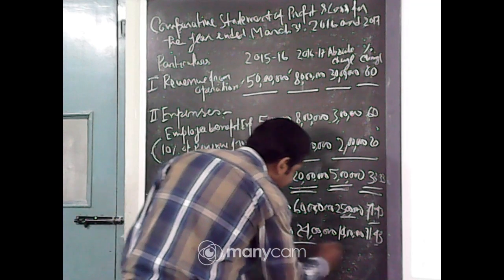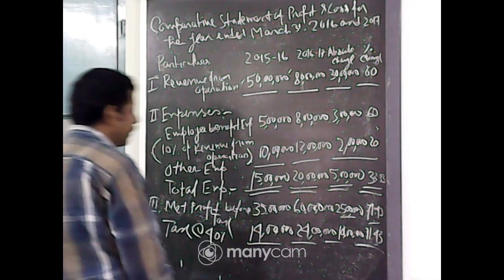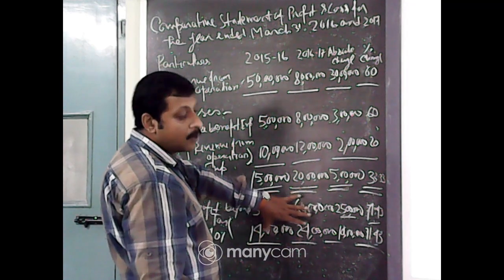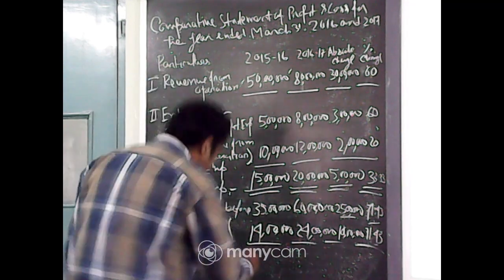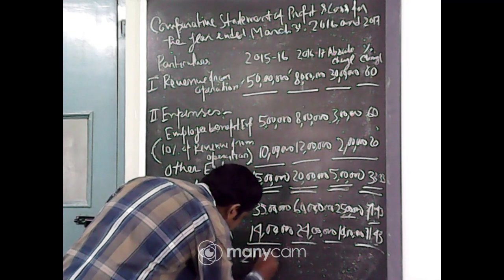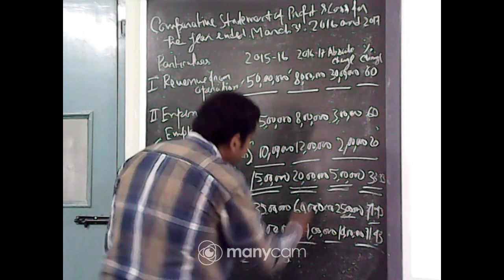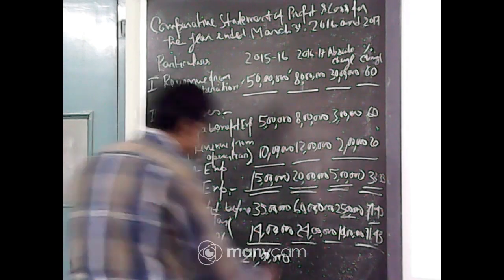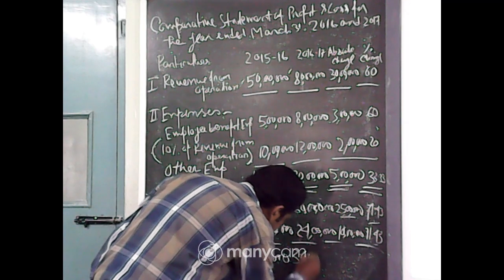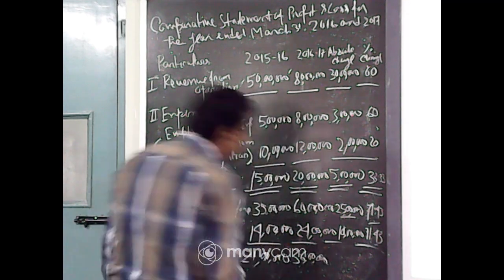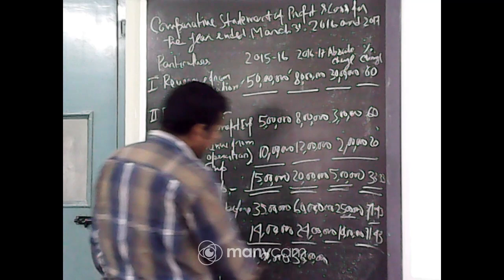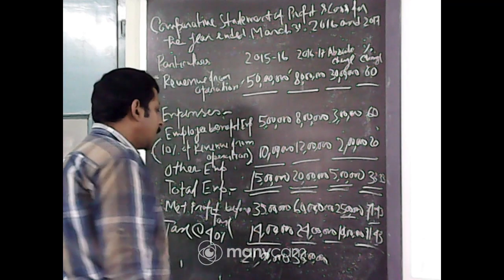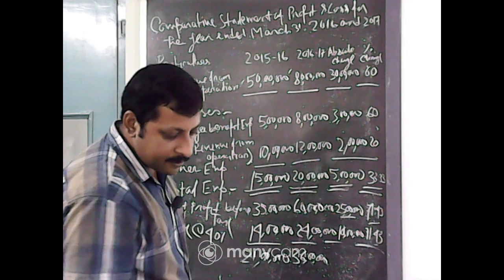After the tax charge, what will come? Now you have to do these two vertically, because these are original figures. If you deduct 60 lakh minus 24 lakh, that is 36 lakh. Now again do it horizontally: 36 lakh minus 21 lakh, current year minus previous year, is 15 lakh.